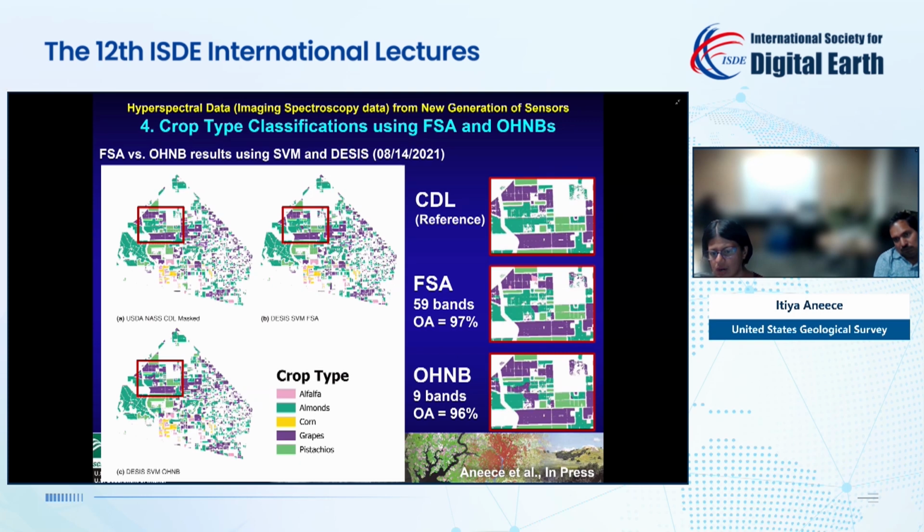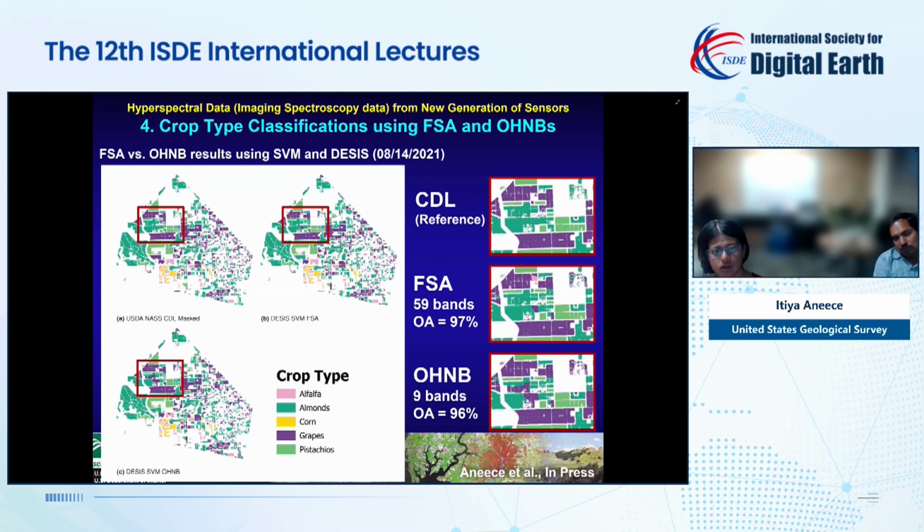And then for a comparison, we have the FSA results, which used 59 of the DESIS 4-bin product bands, and we got an overall accuracy of 97%. And this is very similar to the accuracy we got using only 9 bands, which were the optimal hyperspectral narrowbands, with overall accuracy of 96%.